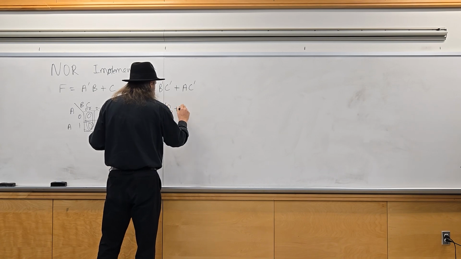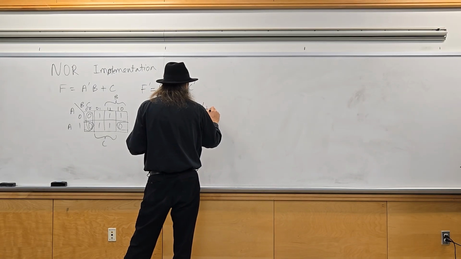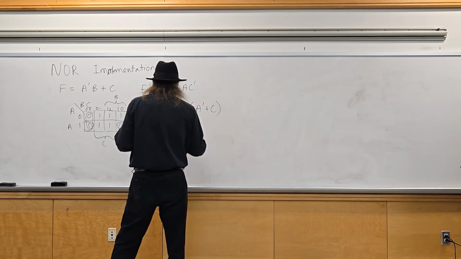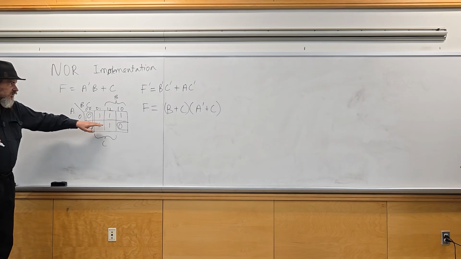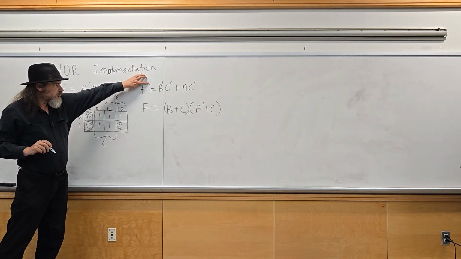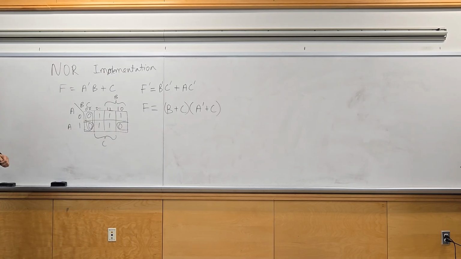And then remember, when you group the zeros, it's the complement, F prime, and then the F for the product of sums.